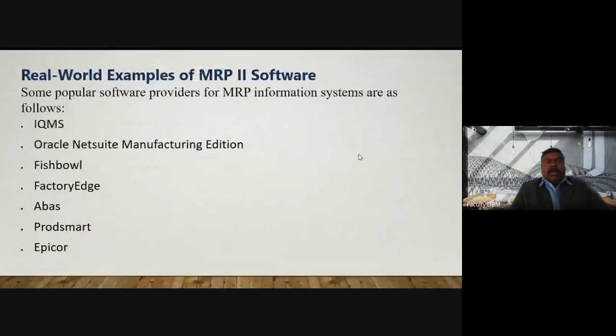So real world examples of MRP2 software, because nowadays everyone is converting to technology. Even these MRP information systems have new software providers: IQMS, Oracle NetSuite, Manufacturer Edition, Fishbowl, Factory Edge, ProdSmart, and Epicor. These are the software which mostly cater to MRP2.